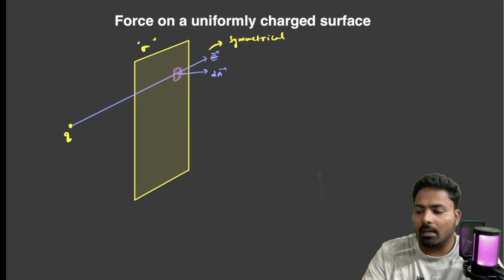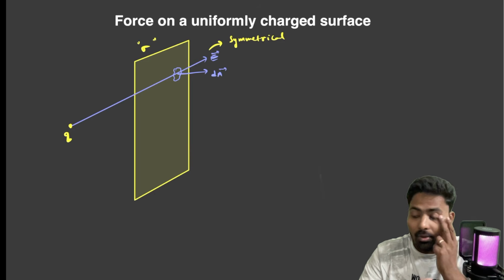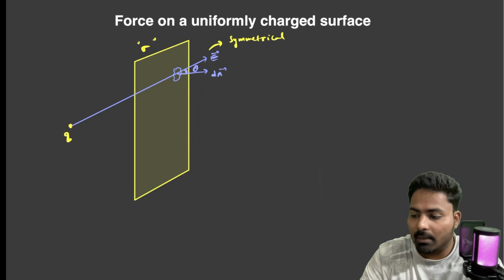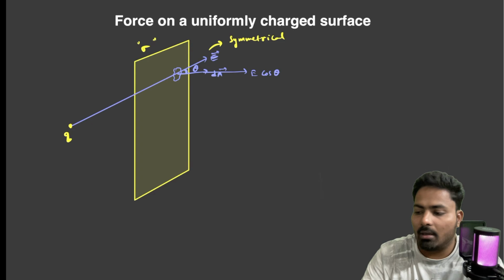It will be there in two different directions, because you will get a component of electric field along horizontal direction. Let me consider this angle over here to be theta. So along horizontal direction you will be getting e cos theta component, and along vertical direction, that is along the surface, you will be getting e sin theta component.